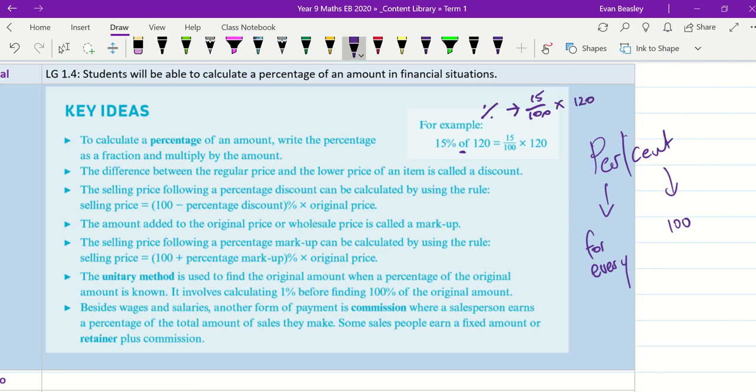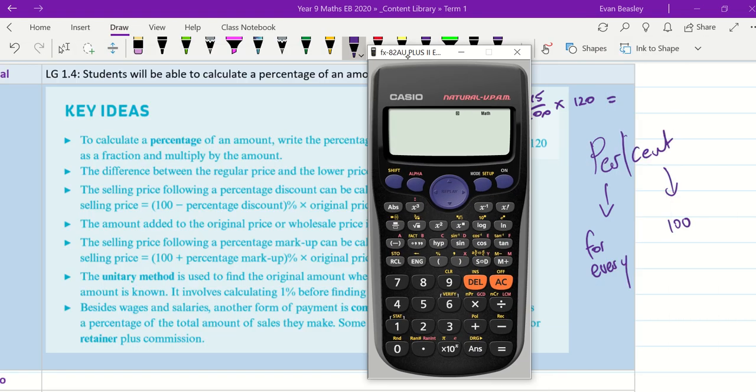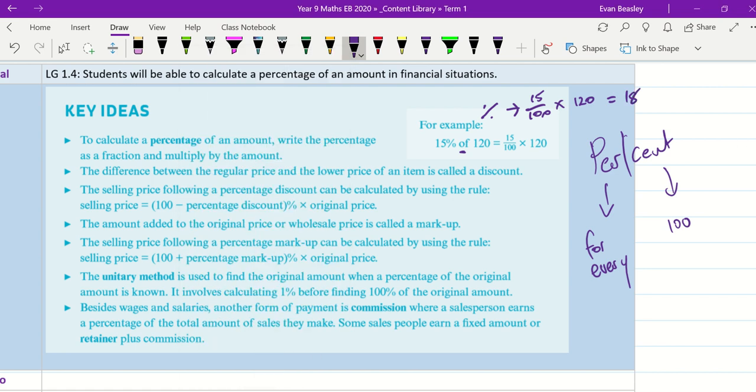So what we're doing is just 15% or 15 over 100 times 120. So if we were to do that on the calculator, we would just go 15 over 100 multiplied by 120. And that should equal 18.